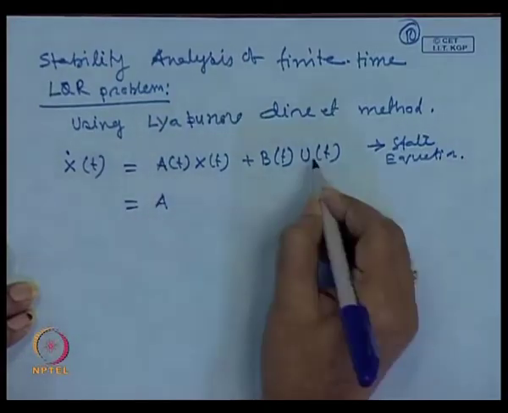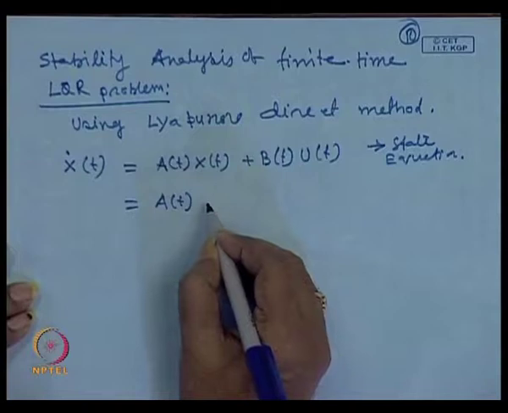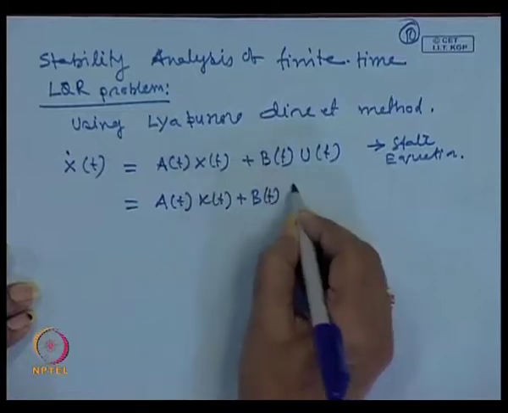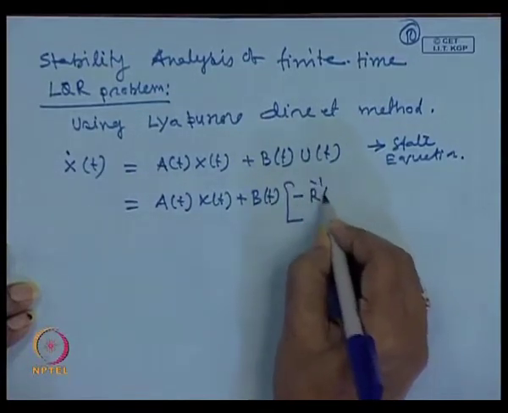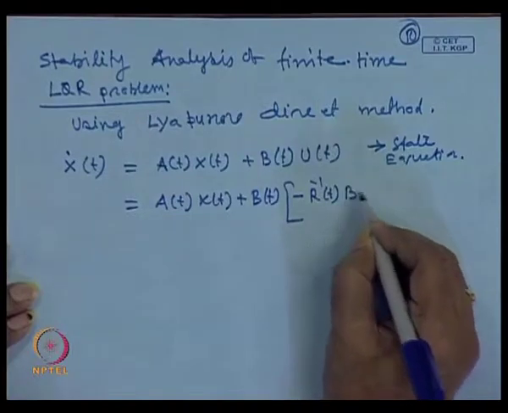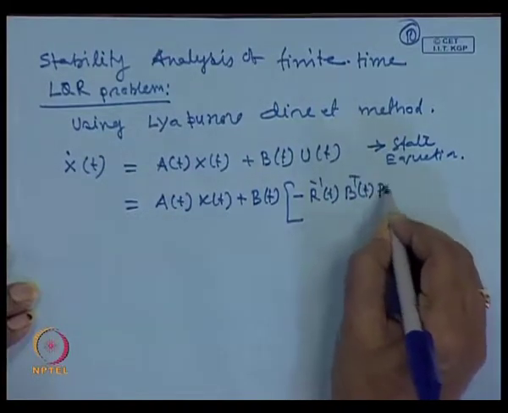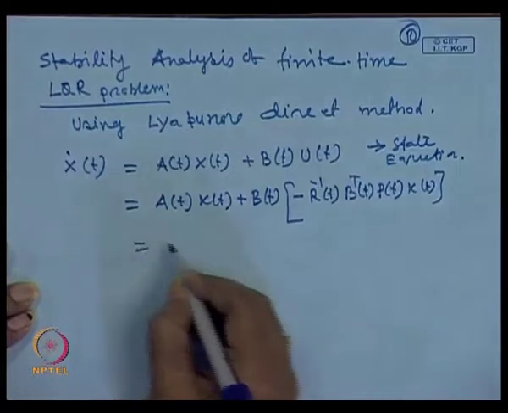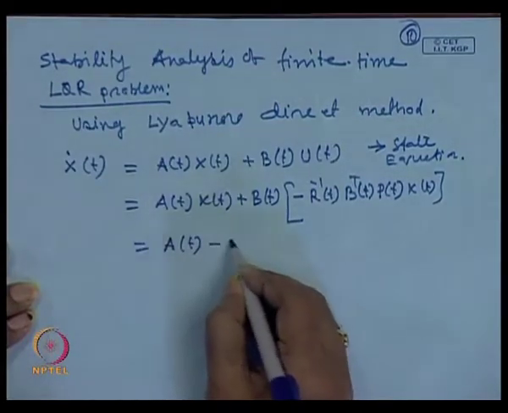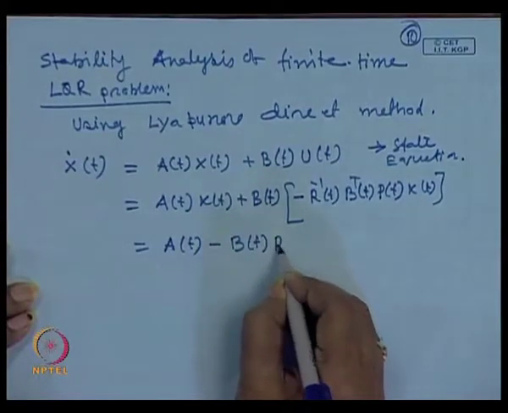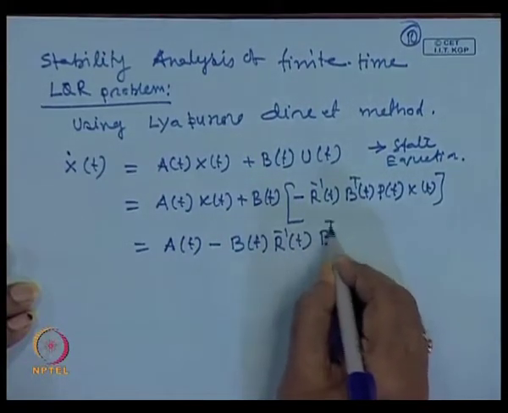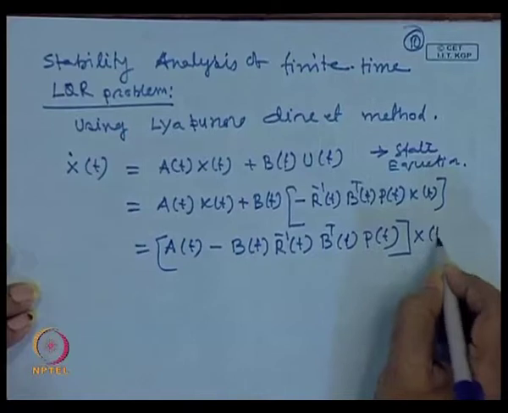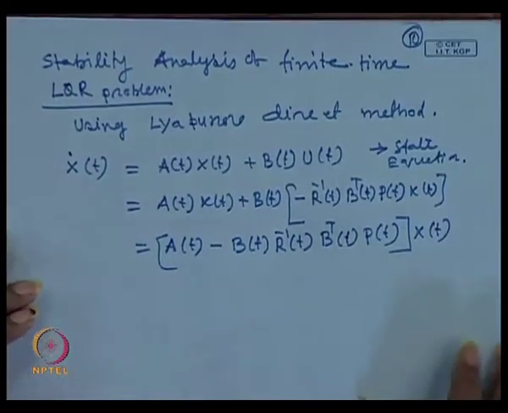And if you use the value of u of t, which is minus R inverse of t B transpose p of t into x of t, and club them together, you will get A of t minus B of t R inverse of t B transpose of t P of t into x of t.